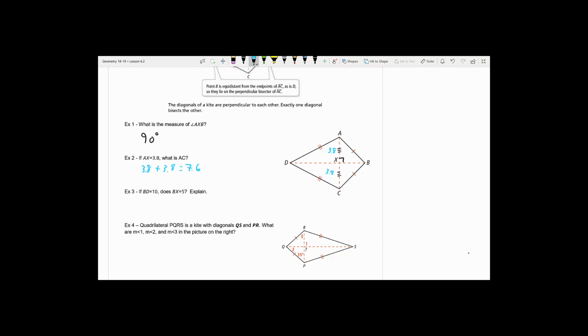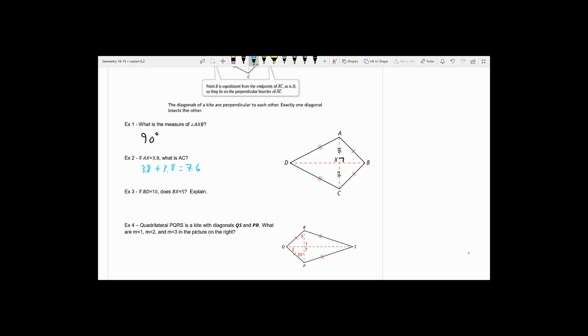Now if we look at our third example here, I'm going to take out this other stuff just to give us some freedom. They said if the length of BD was 10, does BX equal 5? So they're telling us the whole length here is 10. And if we look closely at the picture, we knew we had one perpendicular bisector, that AX and XC were split.